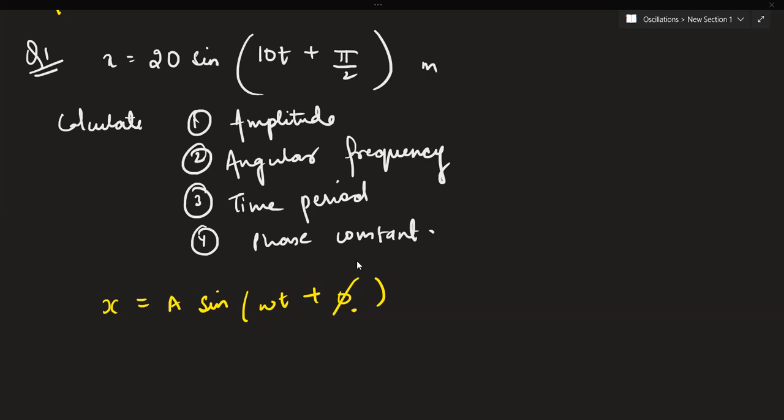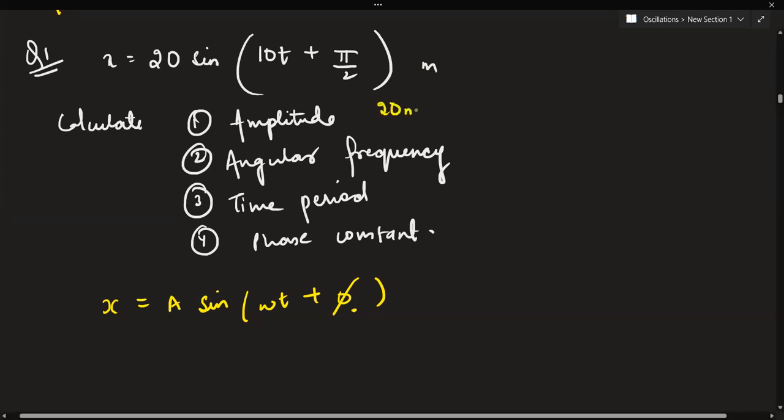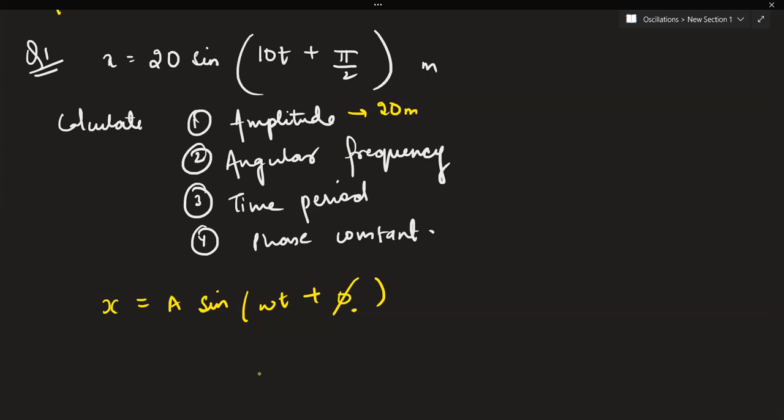Yes, right, amplitude. So compare it with the equation that is given in the question. What has been written instead of amplitude? 20 is written. So the amplitude is 20. So the answer to the first part is 20, and since this is given in meters, the amplitude will be 20 meters.